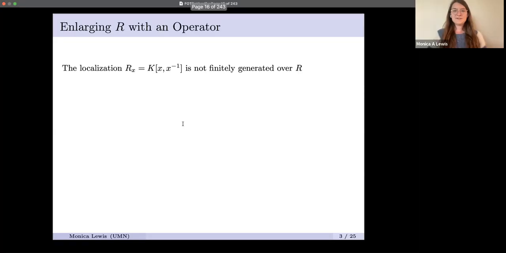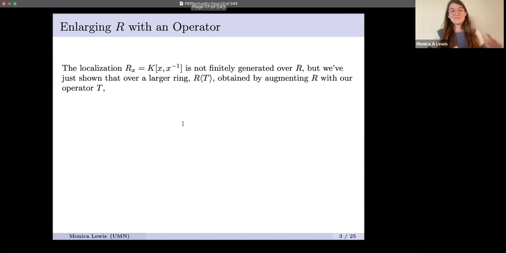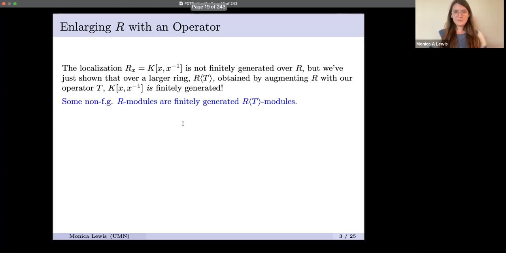So the upshot of this is that the localization, R where you invert x, is certainly not a finitely generated R module over R, right? If you multiply by elements of the ring R, powers in the denominator can never go up. But we've seen that if you enlarge the ring R by some operator T, where our choice of T might have to depend on the characteristic, we actually do get a finitely generated module over that non-commutative ring.